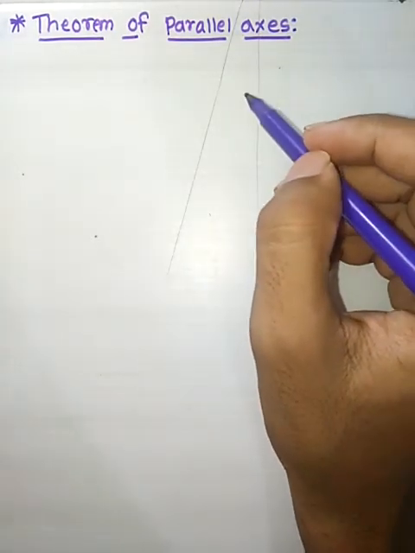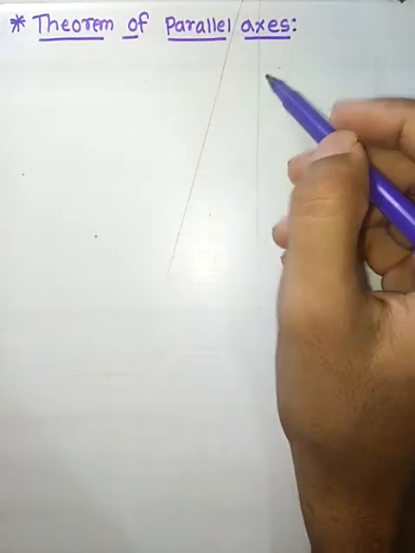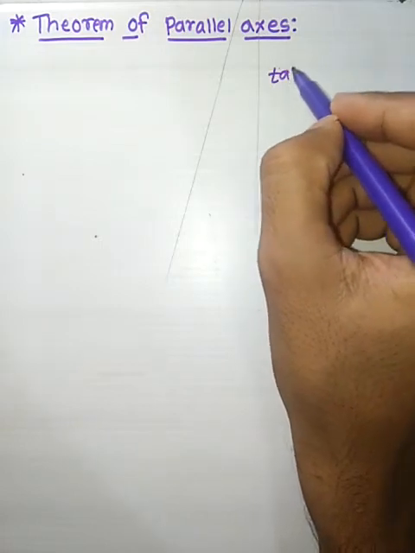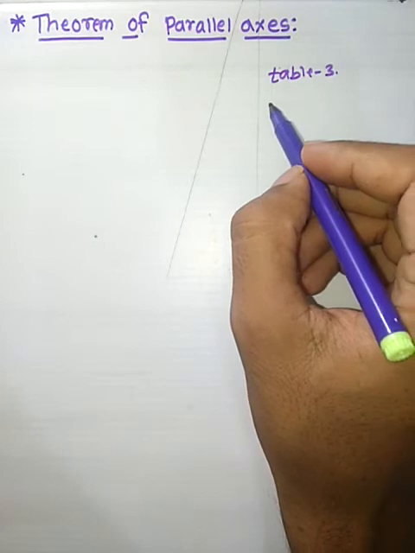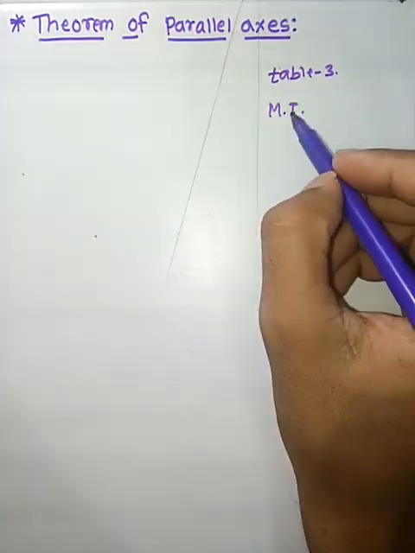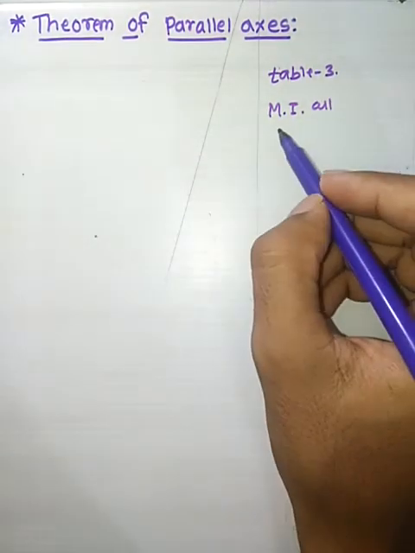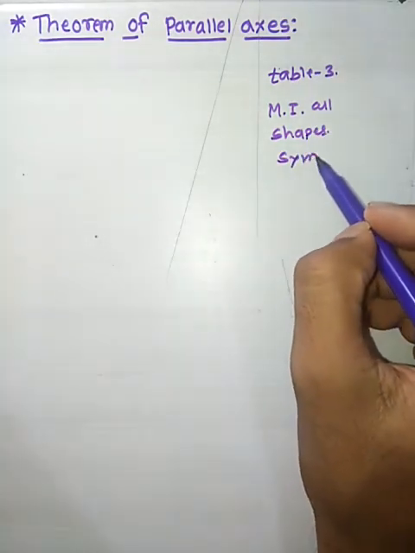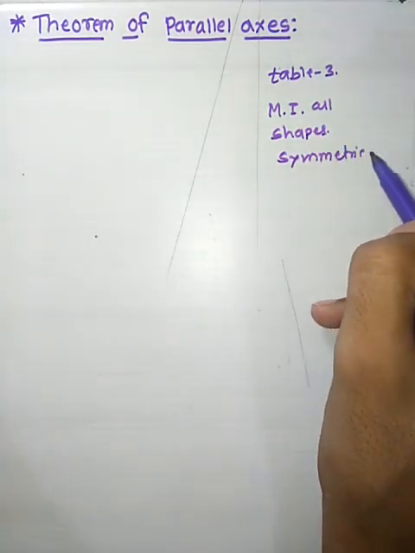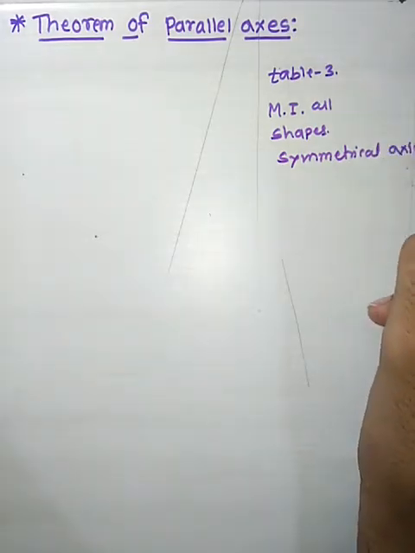See, in your textbook at the last there is table number 3. In this table you can get the moment of inertia of all the shapes about the symmetrical axis.